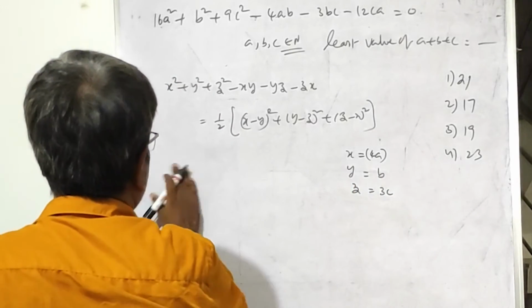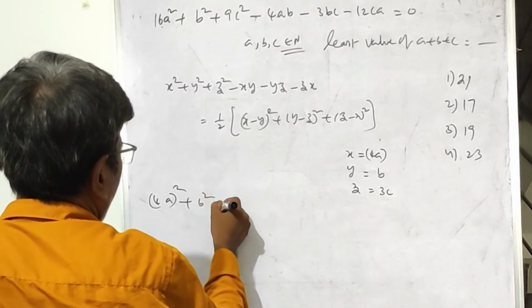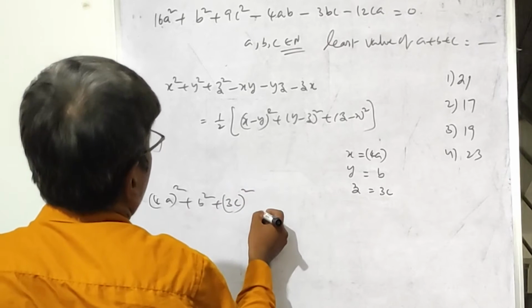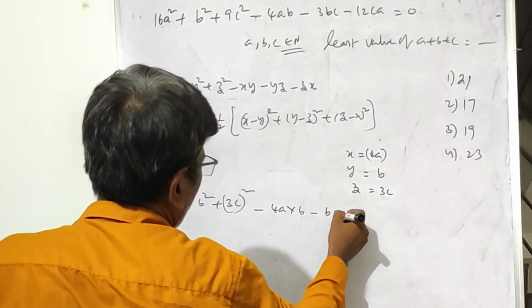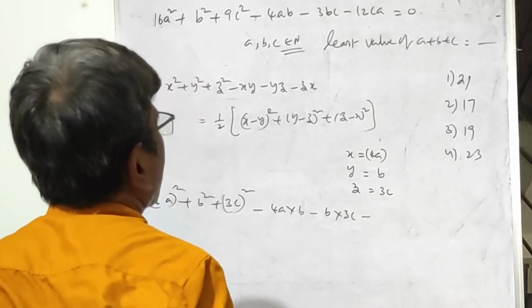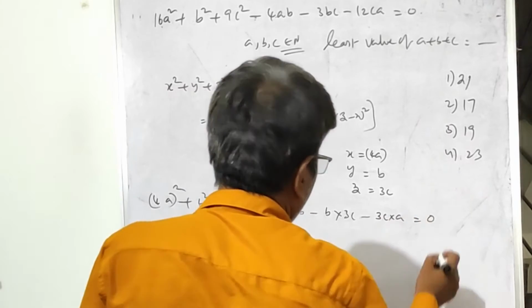So this becomes (4a) square plus b square plus (3c) square minus 4a into b minus b into 3c minus 3c into a equals 0.